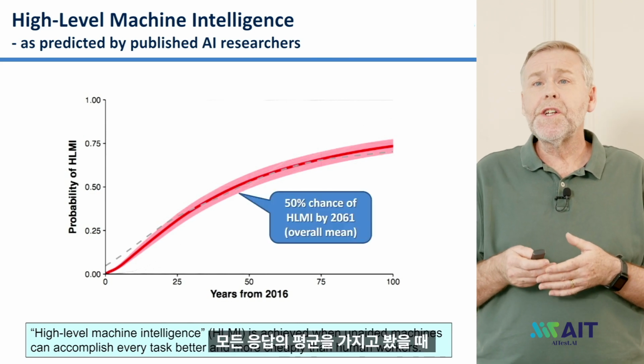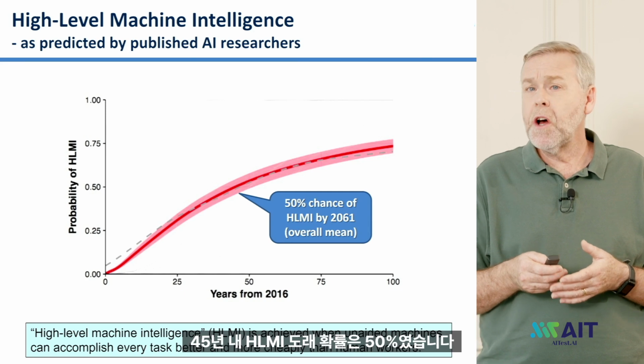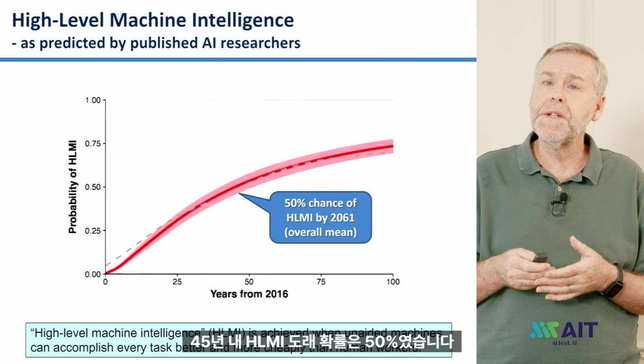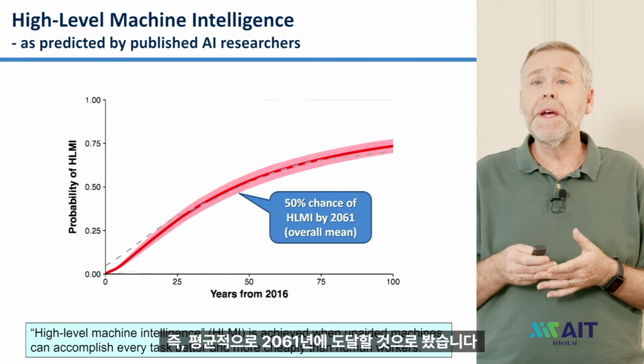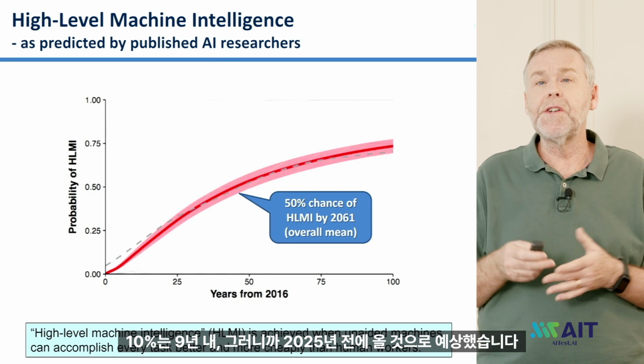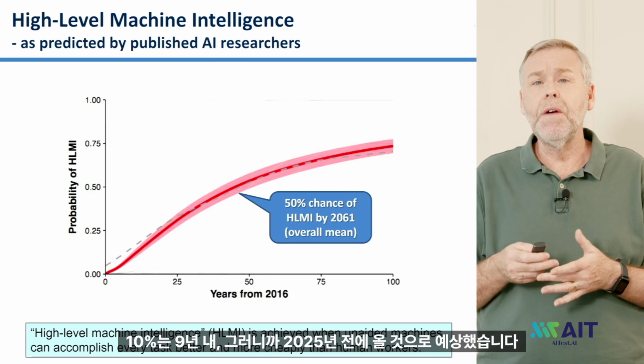Taking the mean over each individual, the aggregate forecast gave a 50% chance of high-level machine intelligence occurring within 45 years. That would mean we could expect to see it in 2061 on average, but with a 10% chance of it occurring within 9 years, or by 2025.